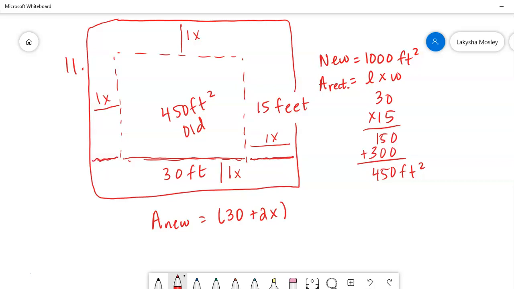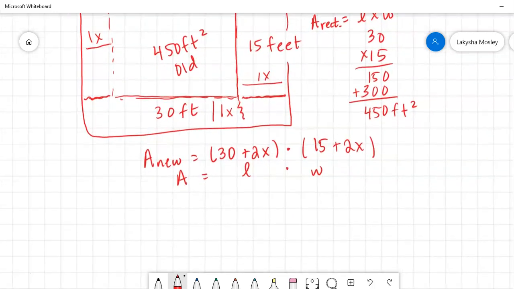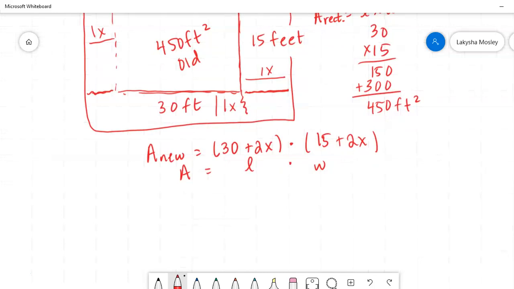That gives me 30 plus 2x, and I'm going to represent that as my L. Then I have times the width, which is this 15 feet, and again here's that 1x and this 1x. So I have 15 initially, plus these two additional widths on both sides of the old stage because we're expanding. So this is W. And that's pretty much it. They already told us that A new is 1,000 feet squared, and we're just going to solve for x.